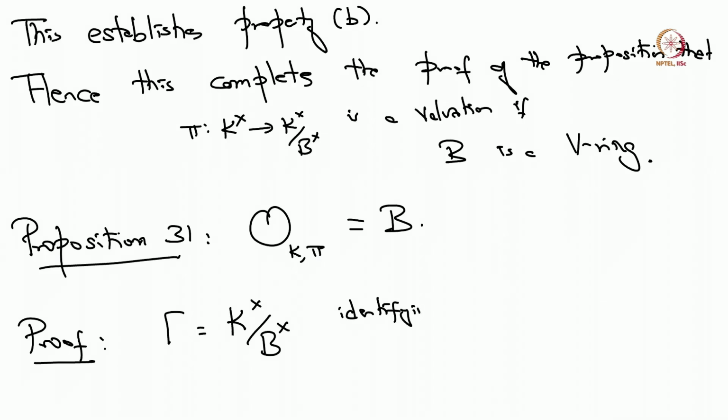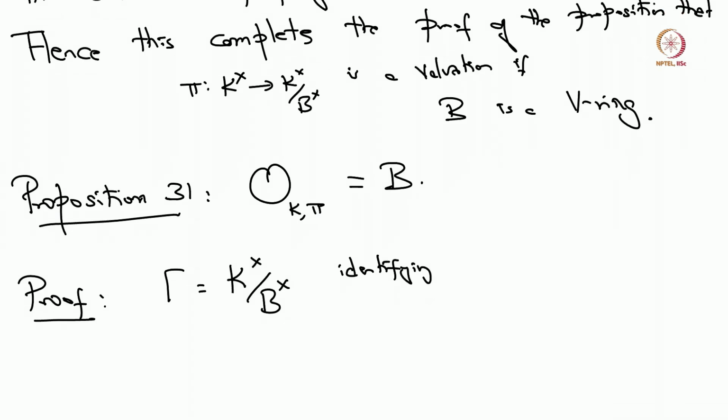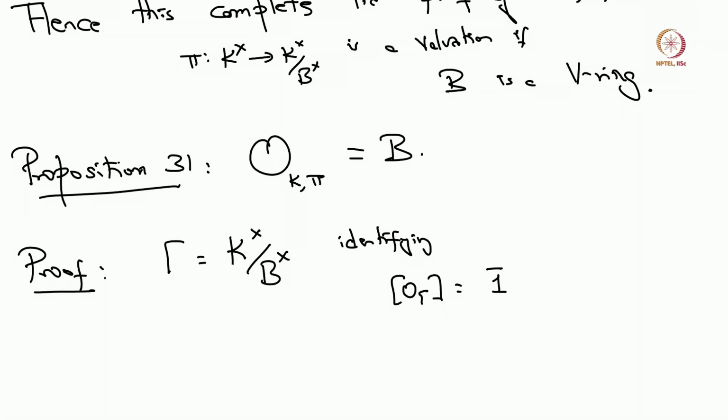And what was the identity element of gamma? Well, this is the identity element of K cross mod B cross, where the group operation is given by field multiplication of K. So this is just this element 1, the image of 1 from K cross.